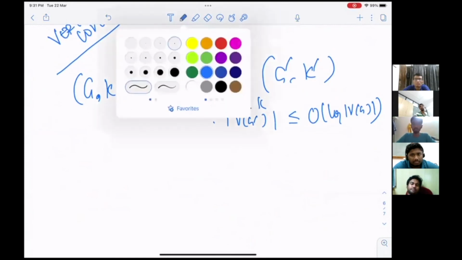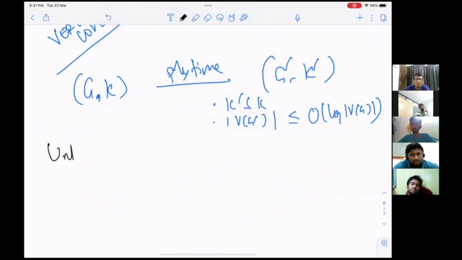So what theorem can we show? Unless P equals NP, no polytime transformation exists.